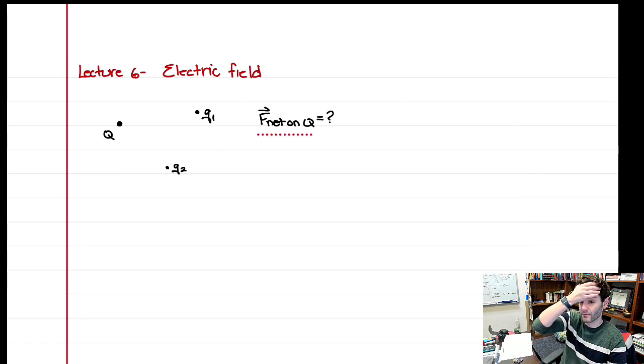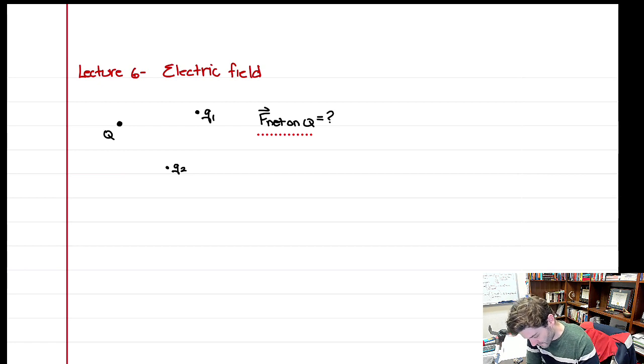Well, at this point, hopefully, we're getting pretty good at calculating what this should be. There's this Q1 charge, which, if I want, I can draw this vector here, which corresponds to the vector that points to capital Q from Q1. There's also this vector here, which I could calculate, which points to capital Q from Q2.